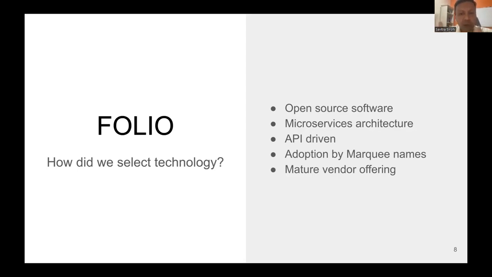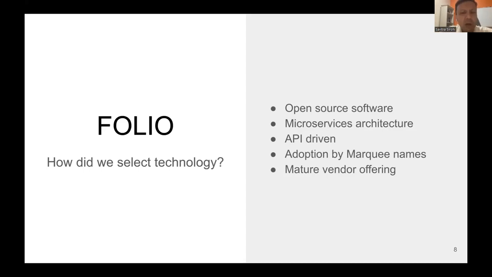You have Folio, you're using it. Folio may have some capability or may not have some capability, but at least it has APIs, so I can build my own front end on top of the API and start creating my own capabilities. These were some of the main reasons we picked Folio. It was not mature, but we knew that we are also new. Geo Institute is new.